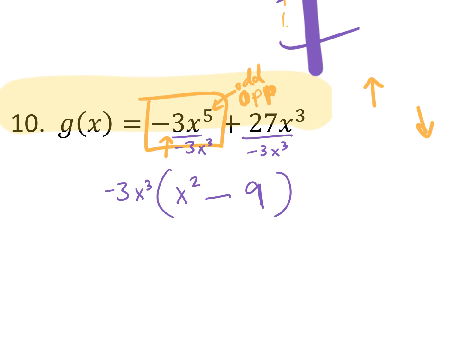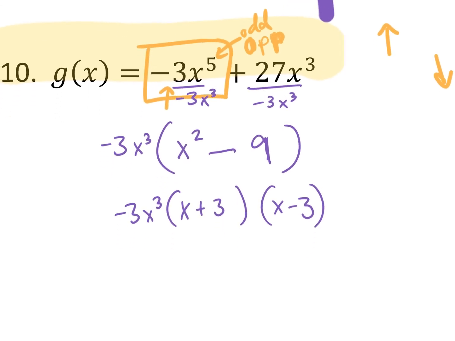Can this be factored anymore? What's going to go in there? Awesome. X plus 3, x minus 3. Since it's the difference of squares, we just break it down to x plus 3, x minus 3. And then we have a negative 3x cubed on the outside.